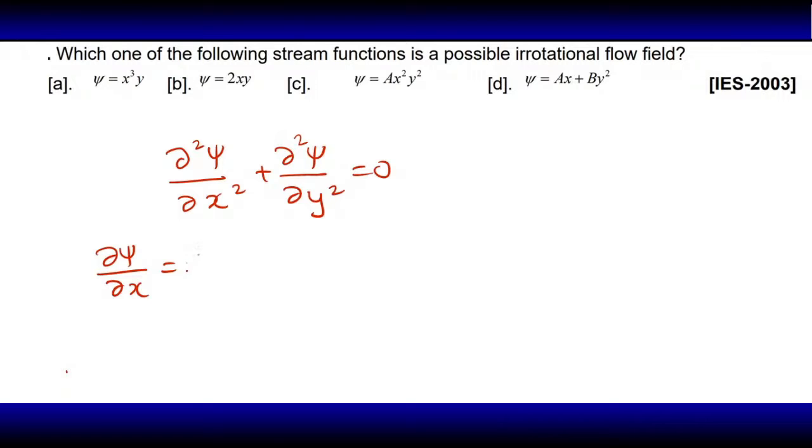Now, do you find any shortcuts in that? Now, by seeing, can you say which one is the right answer? Can you tell me how to do the shortcut methods? See, first of all, to check irrotationality, you have to double differentiate.